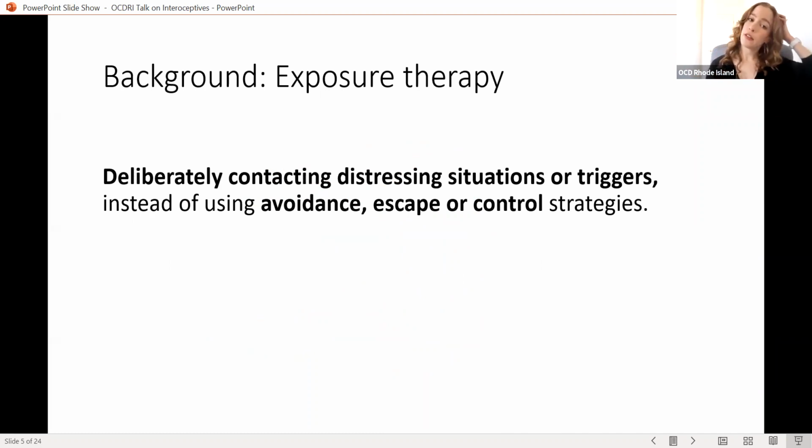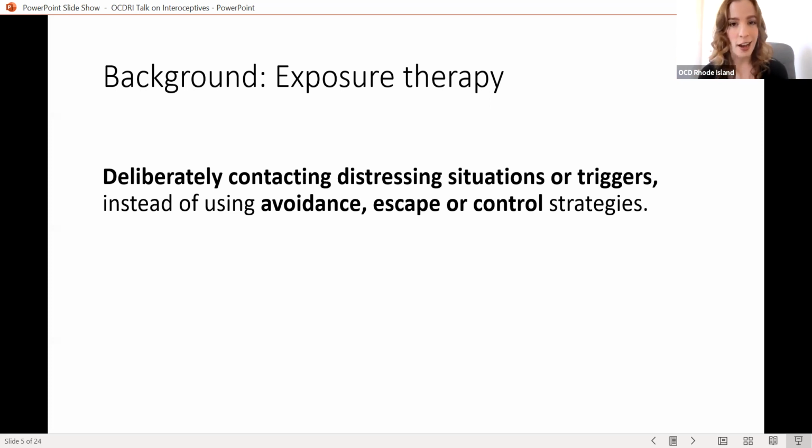All right, so knowing that physical sensations do come up with a lot of strong emotions, let's talk about what we want to do about that. And in order to have that conversation, we've got to review exposure therapy, which you probably know a fair bit about, attending this talk and being involved in the OCD community.